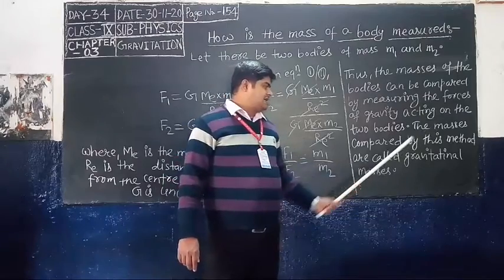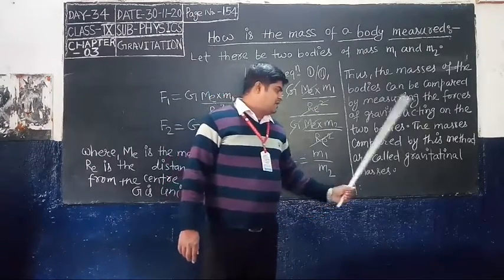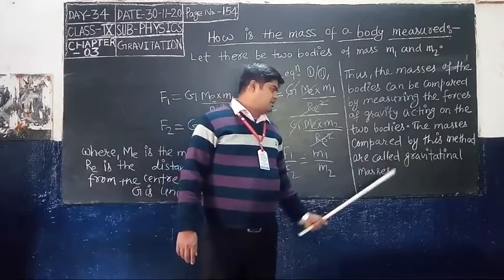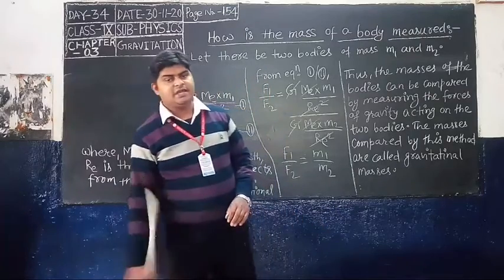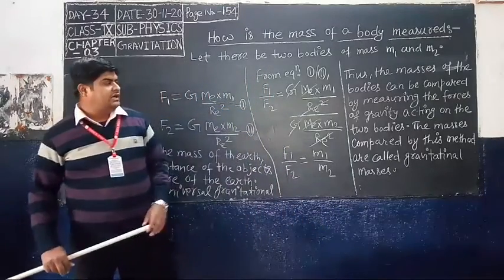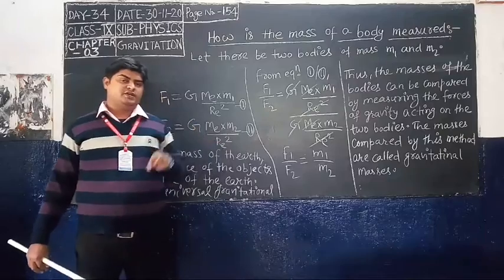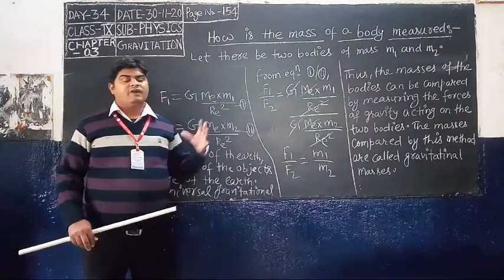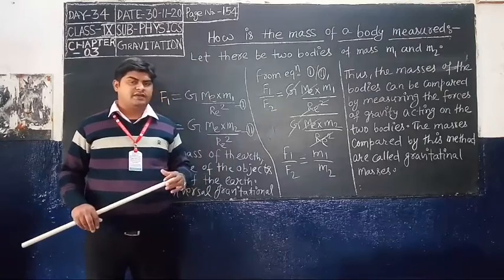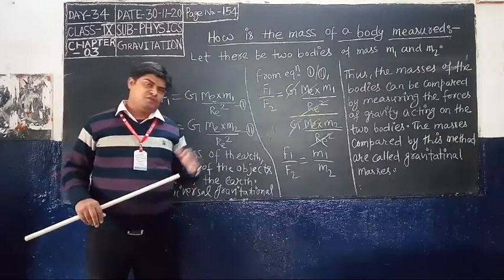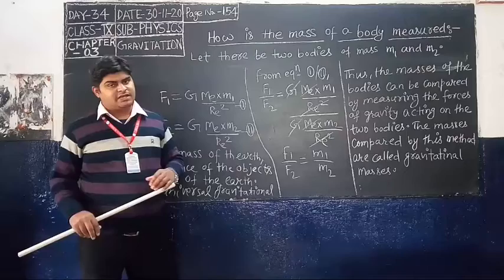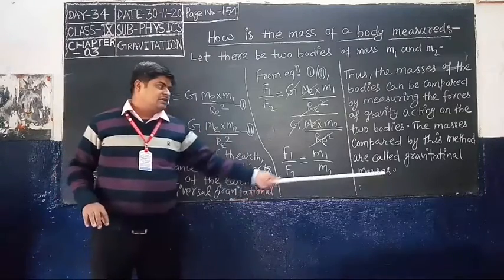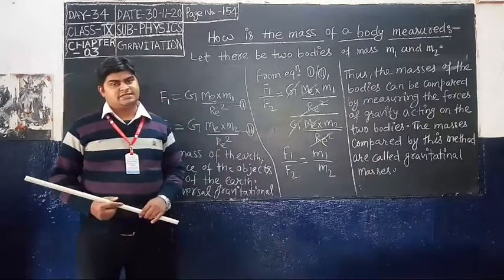The masses compared by this method are called gravitational masses. Finally we conclude that the mass of any two objects can be measured by the value of force of gravity acting on those two bodies, and this method is known as gravitational masses.